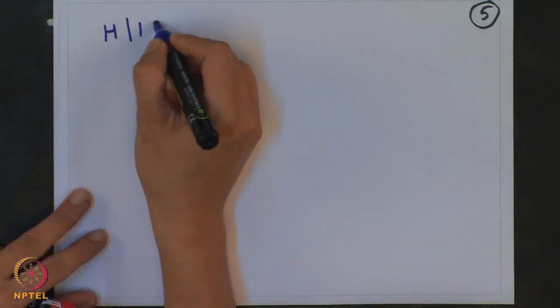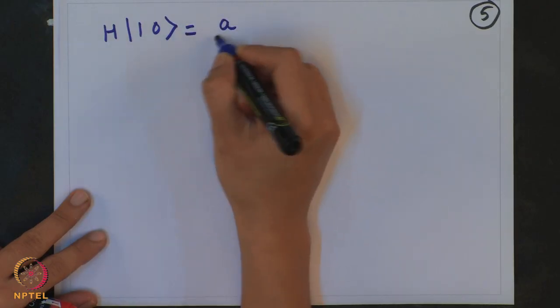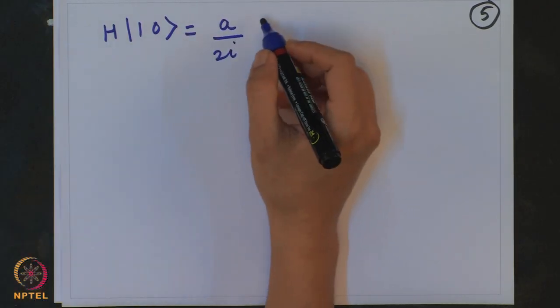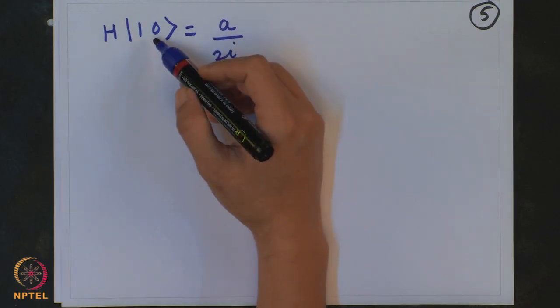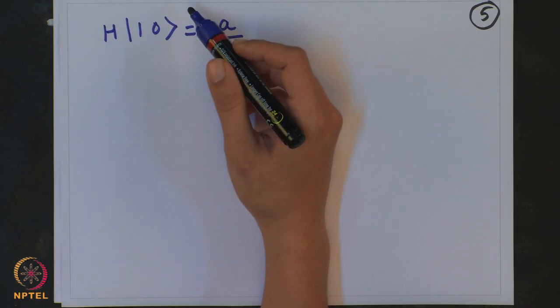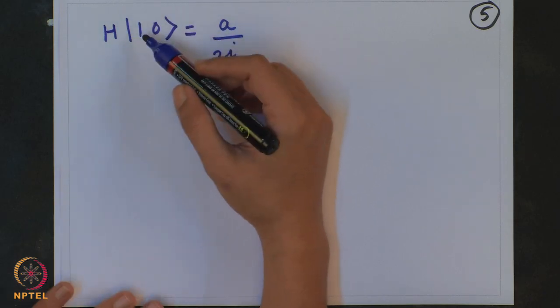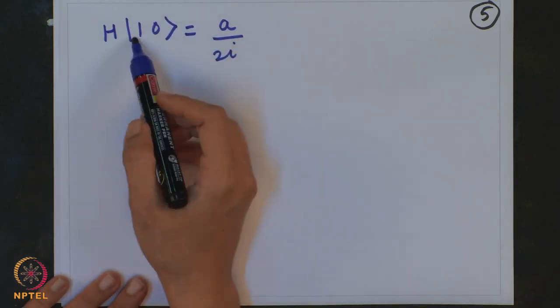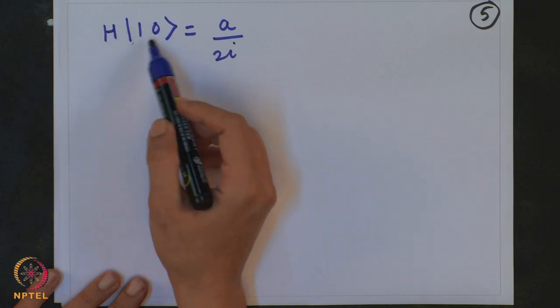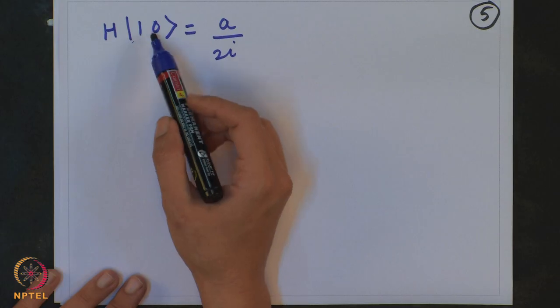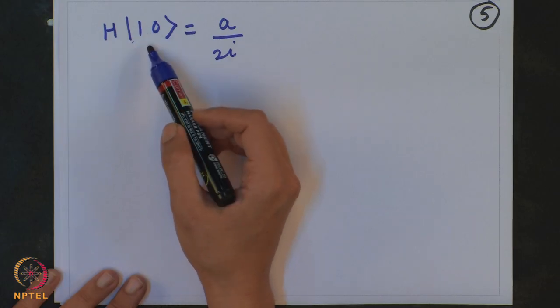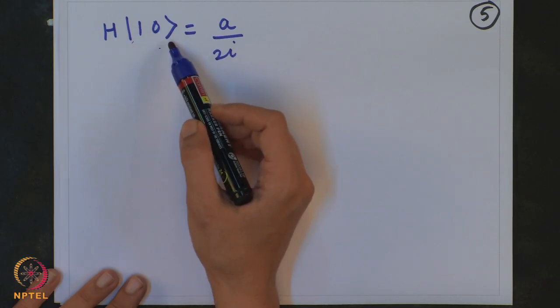That would give you, when I operate on ket 1 0, I have 2i and then L plus will take the ket from 0 to 1, 1 to 2. You cannot write it as a linear combination; you must be able to write the Hamiltonian action in terms of ket 1 1, 1 minus 1 or 1 0.